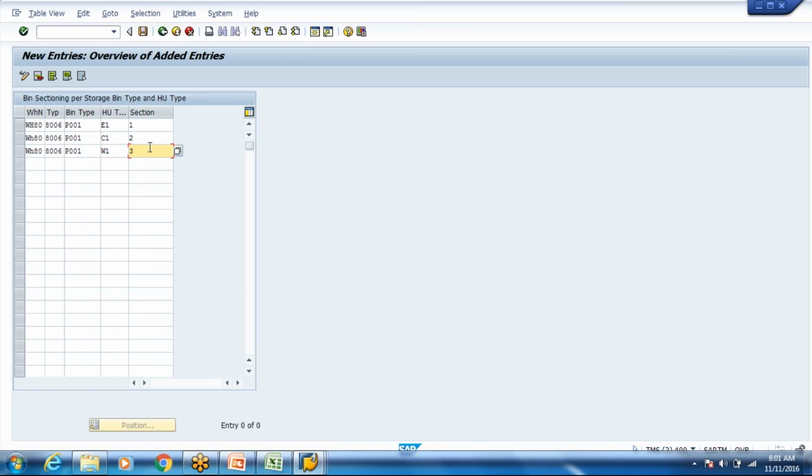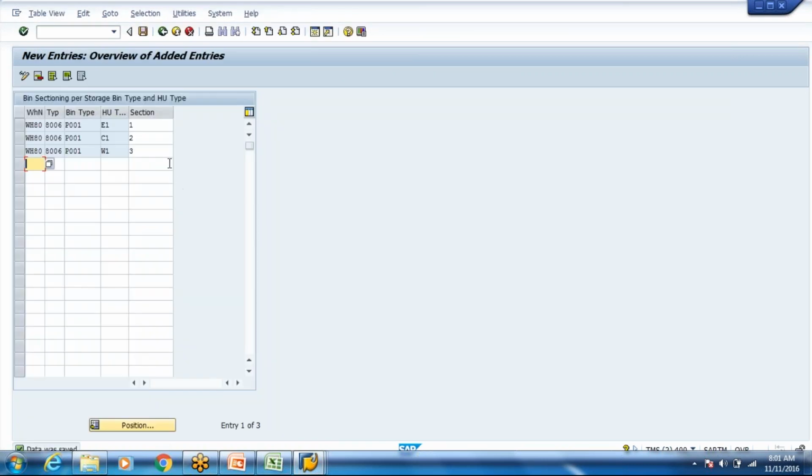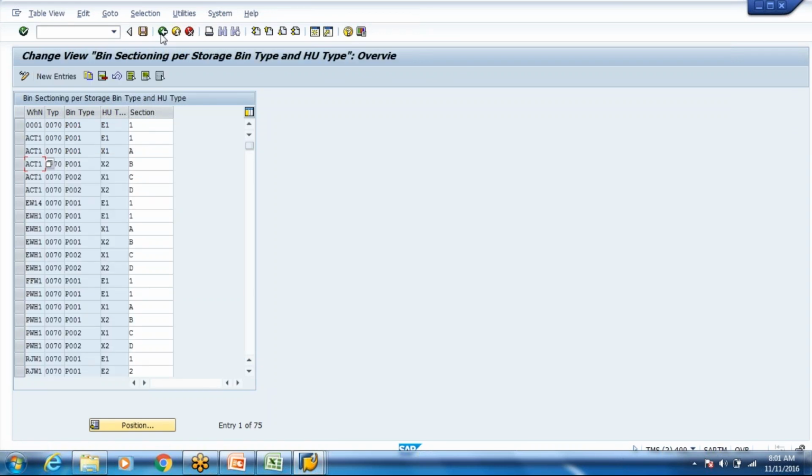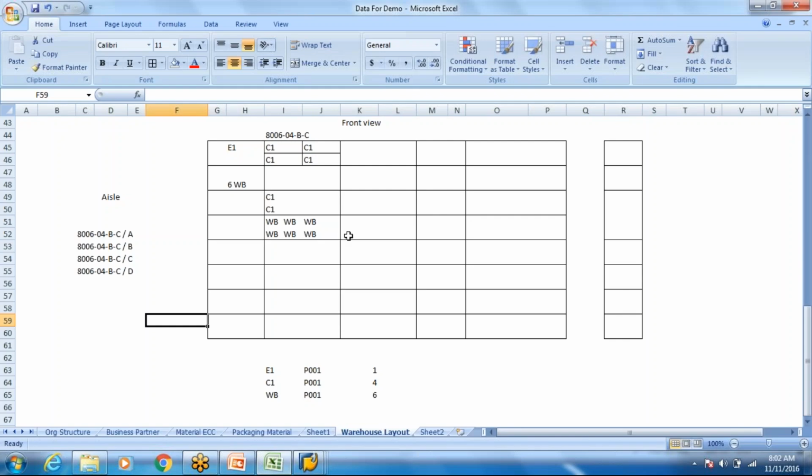Section 3. 3 means 6 sections, 6 divisions it will make. So this is the way we will configure this, and whenever we try to put away HUs of a particular type, those many kinds of sections will be created here.